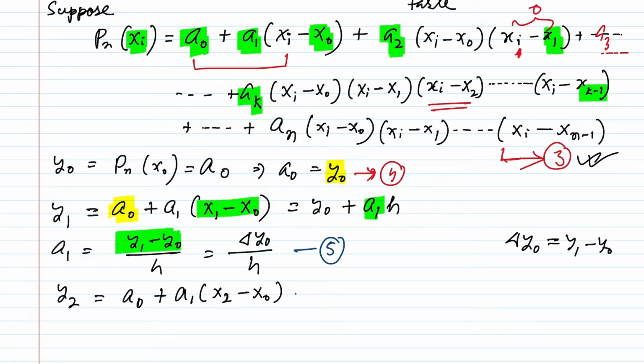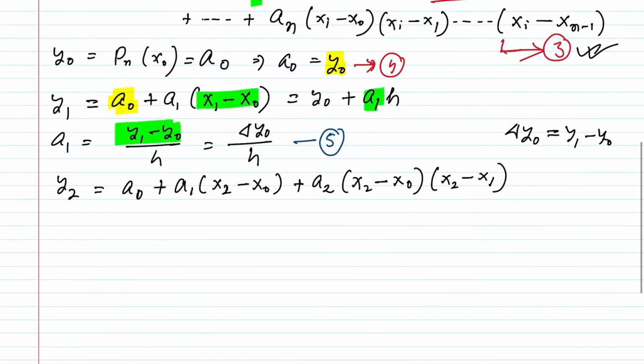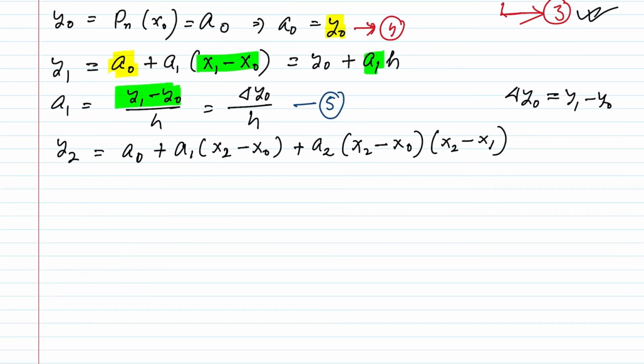Here i will be replaced by 2, then plus a2 into x2 minus x naught into x2 minus x1. This one we will get. So let me scroll down the page.